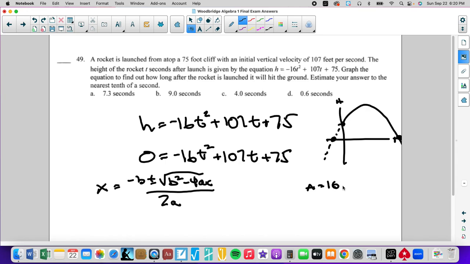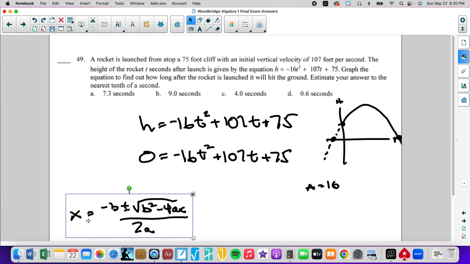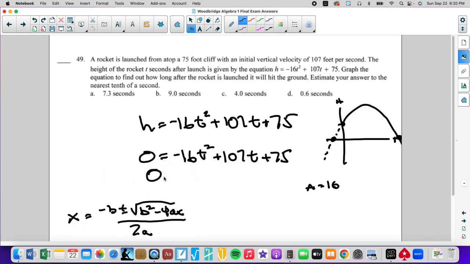Let me see what I used for a, b. Yeah, so a equals 16. Sorry, I'm going to change this equation. I want my a to be positive. I factor out a negative: negative 16t squared minus 107t minus 75. Divide by negative 1, we get 0 equals 16t squared minus 107t minus 75.